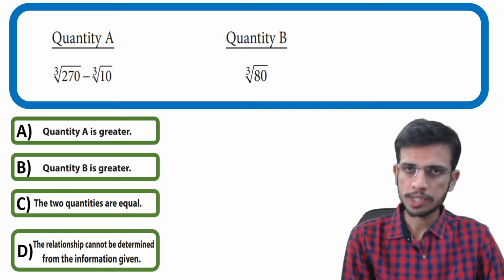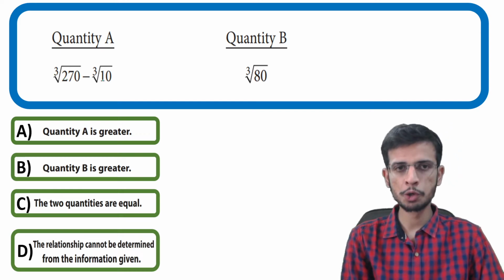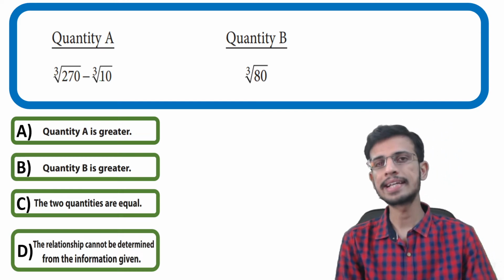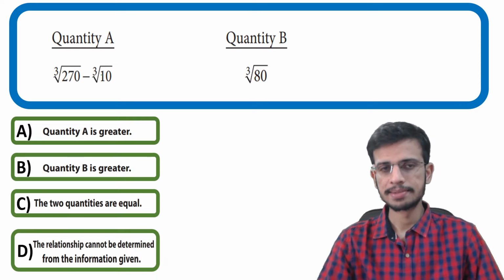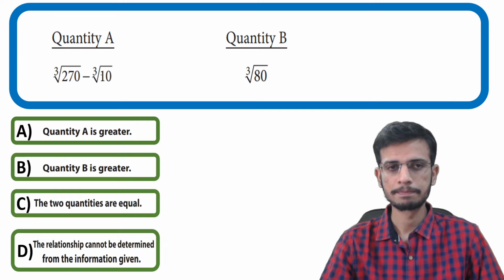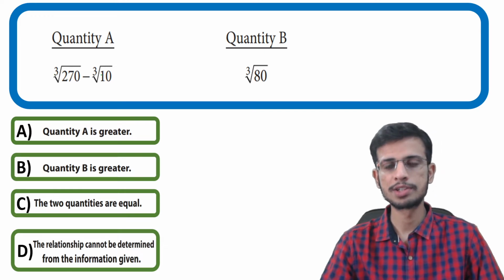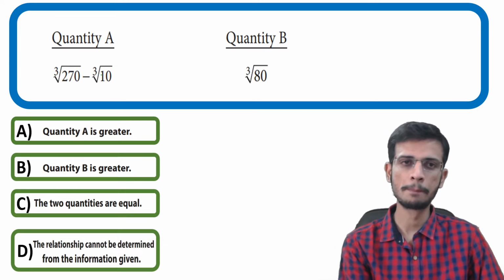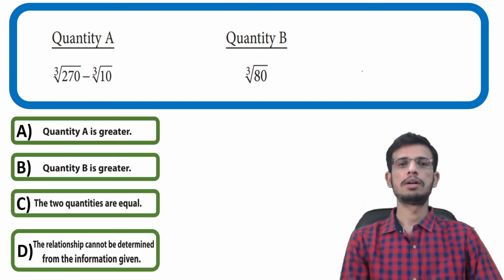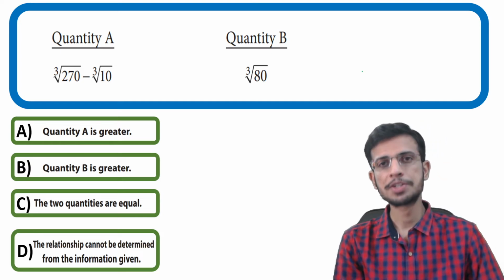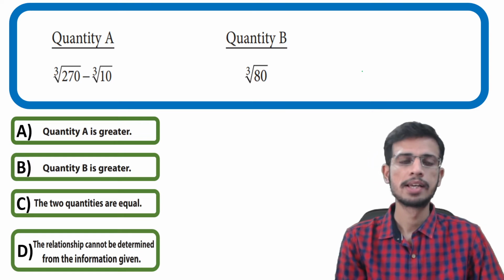Cube root of 270 minus cube root of 10. So without a calculator, we have to simplify this, and we can definitely simplify quantity A. You have to just compare quantity A with quantity B. In this form, we won't be able to compare these quantities.